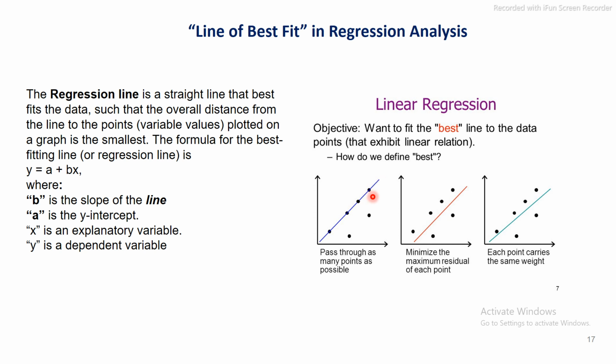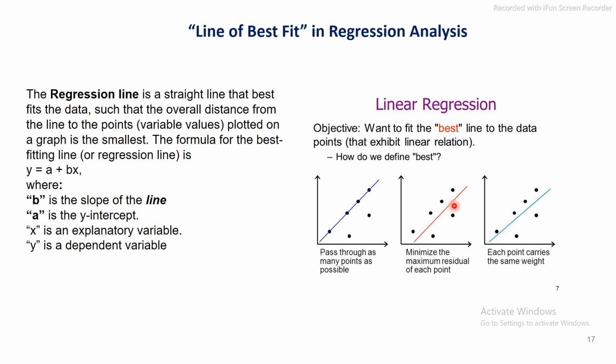These two are away, so this is not a good way of putting a line of best fit. At least the line should pass like this. If a line passes like this, we can still call it a line of best fit.